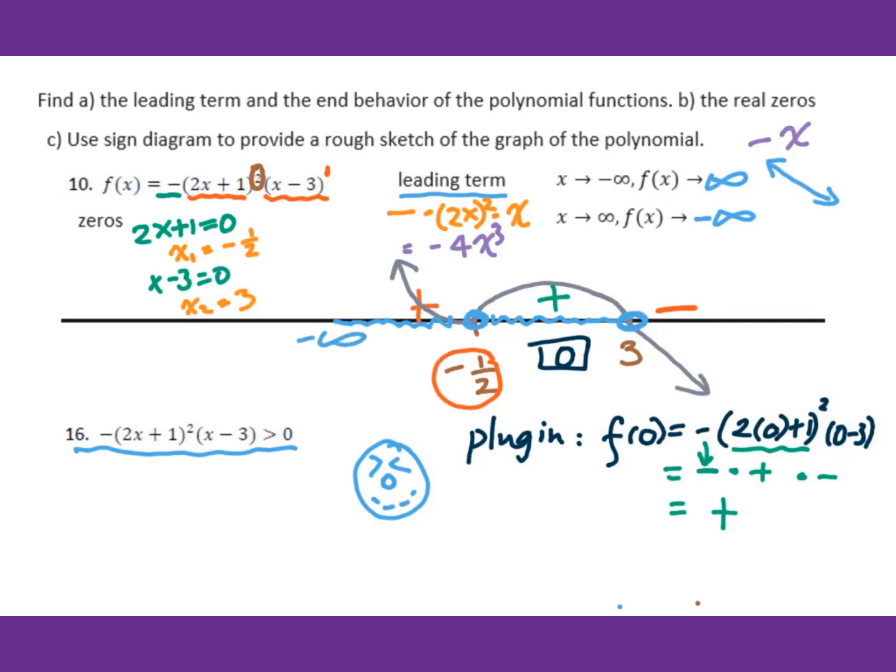This part is negative infinity. Therefore, we can write down the solution from negative infinity to negative 1/2, open parentheses, union with negative 1/2 to 3, open parentheses. That's the solution to 16.